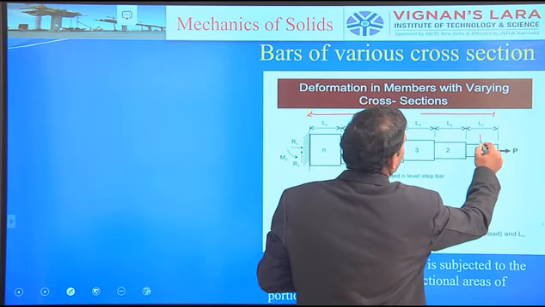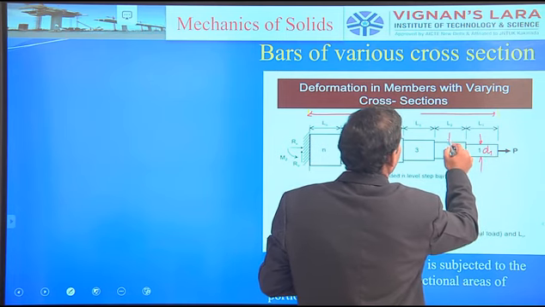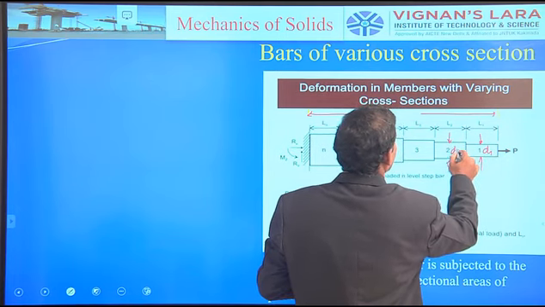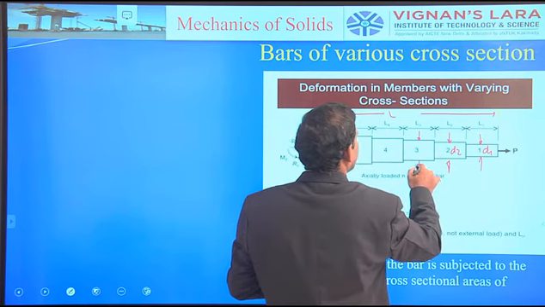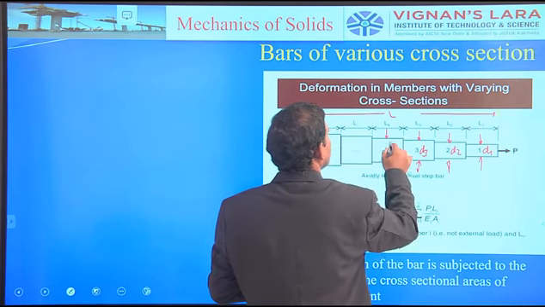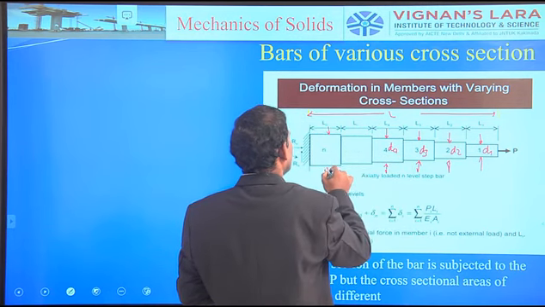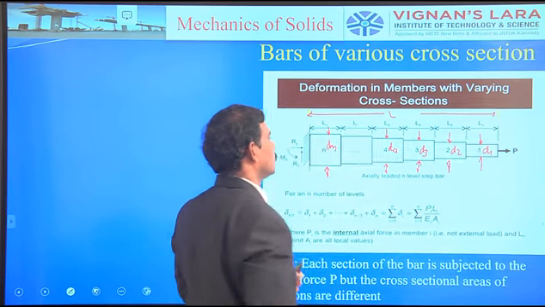The diameter of the first portion is D1, the second portion is D2, the third step is D3, the fourth step is D4, and so on. The diameter of the nth is Dn.